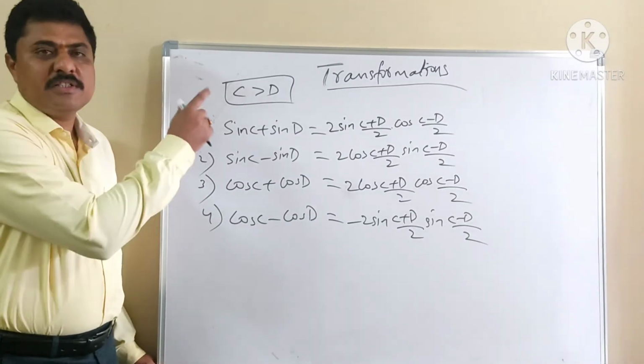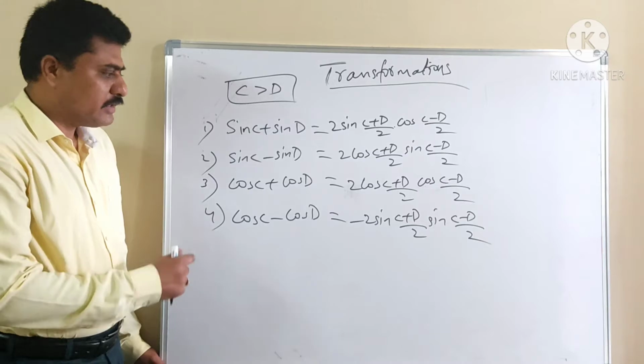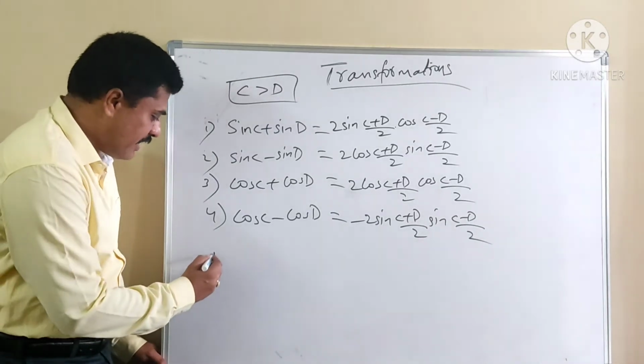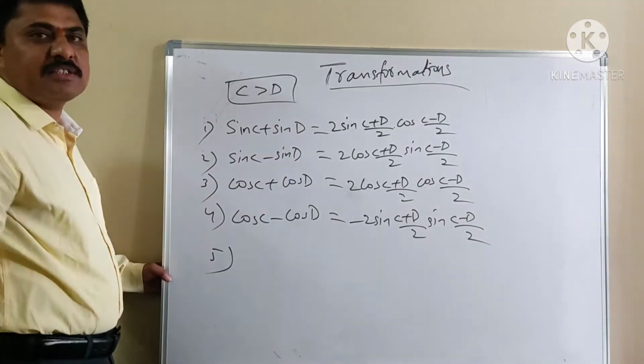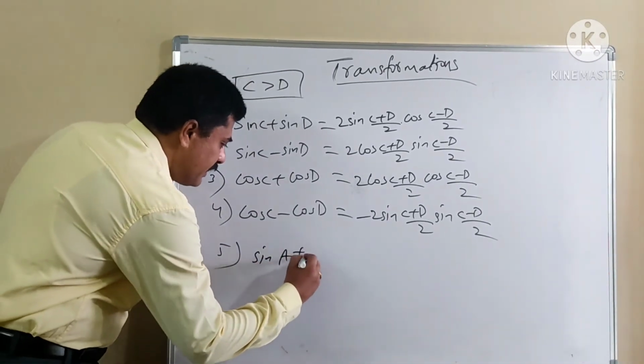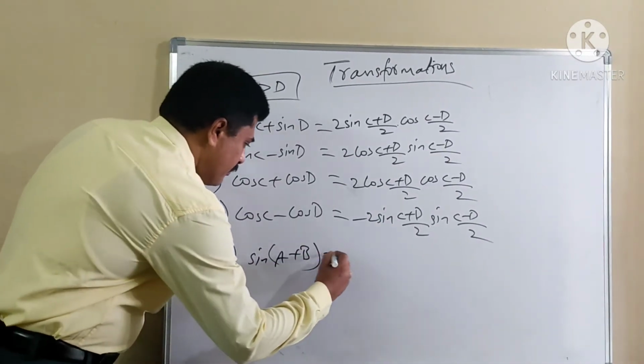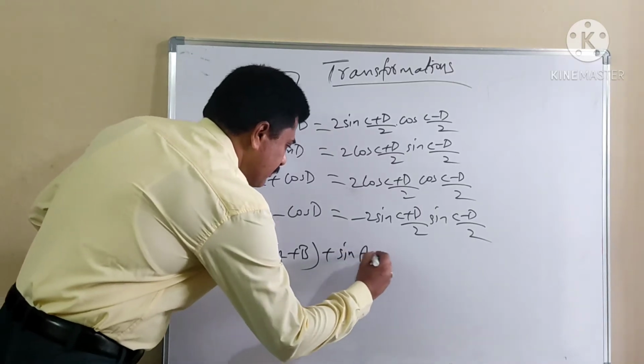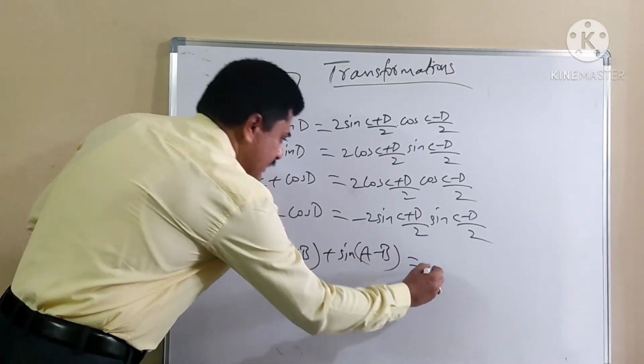The entire transformation deals with these 4, and I am also writing the next 4, for when they are given as sums of angles. For example, sin (A plus B) plus sin (A minus B), where two angles are given like this.